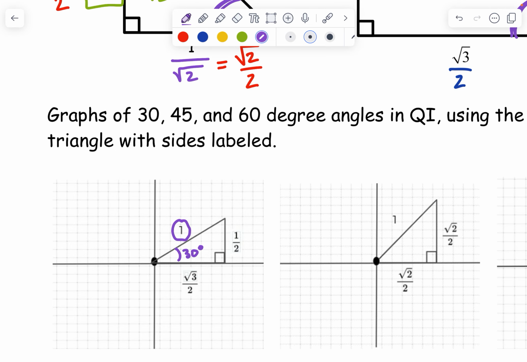This short side is always half of the hypotenuse on a 30, 60, 90. And then the medium side, if you remember this, is x root 3. So if you have 1/2 times the square root of 3, you get square root of 3 over 2. That's where that comes from. That's if the 30 is theta.